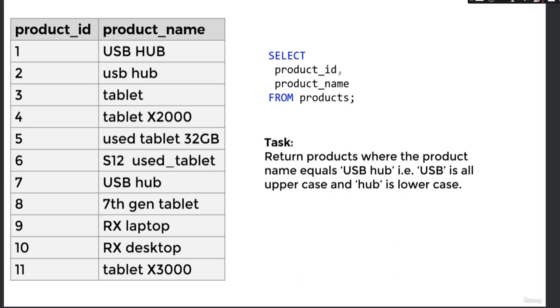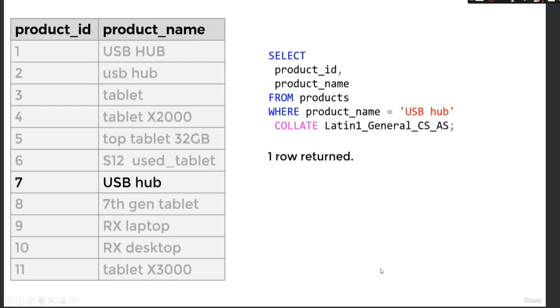We can do this by changing the collation within the context of the query. So we are not actually going to change the collation of the underlying base table, but we will just change it with the query. Okay, let's see how.